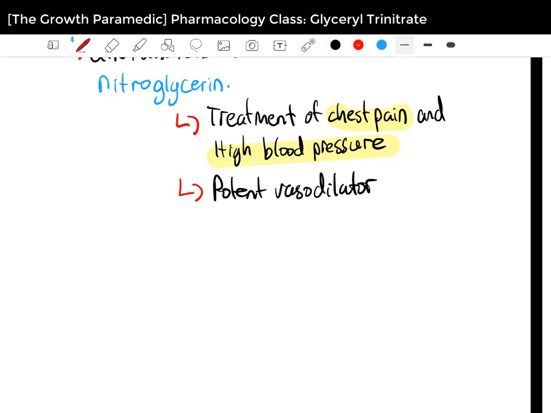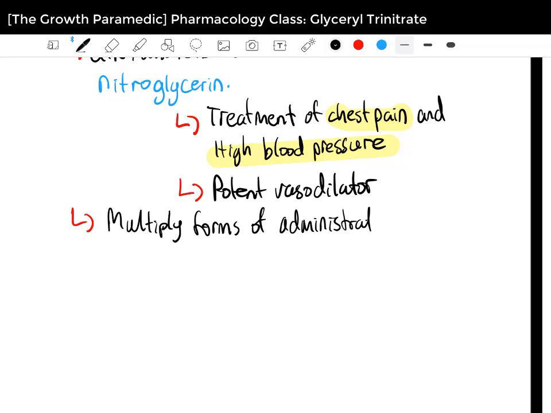Multiple forms of administration. But the most common one that we use in the pre-hospital field as paramedics or EMTs is under the tongue. So that's the main one.